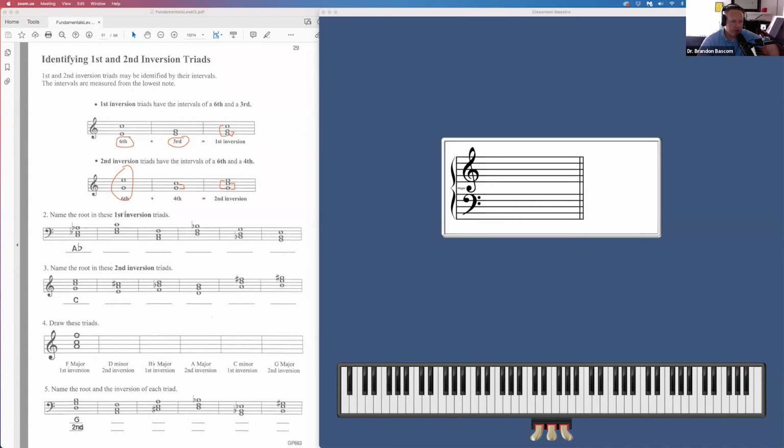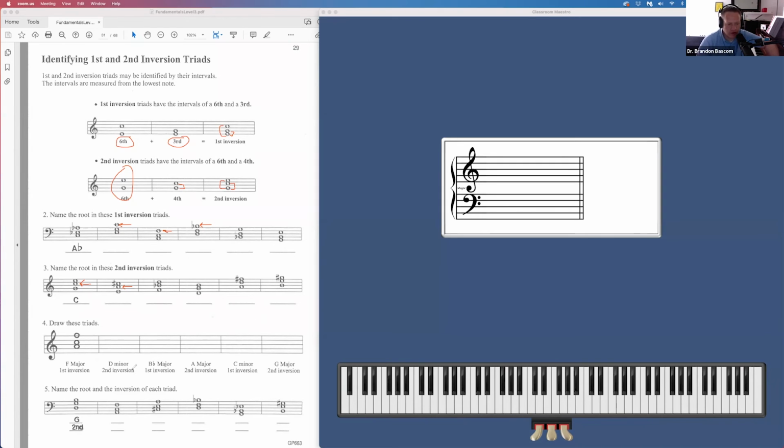So in the first inversion triads, the roots of the triad are on the top. So we're identifying those. And in second inversion, the root of the triad is actually in the middle. So don't get confused of the root of the actual chord given versus the chord of the triad that is in an inversion.